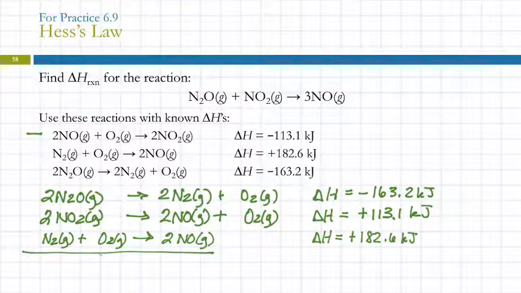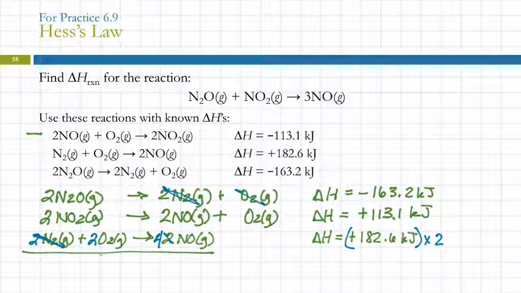So if I multiply this bottom equation by 2, so multiply all the coefficients by 2, and I multiply delta H by 2. Now when I add these together, I've got 2 nitrogens here with the 2 nitrogens there.